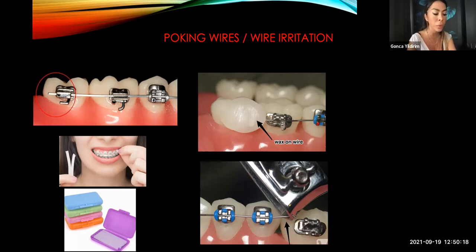It can be softened with the temperature of the body, and it can be placed like orthodontic wax on the distal of the wire. Also at home, if the patient cannot do both, I recommend using nail clippers to cut the wire from the end of the poking side.